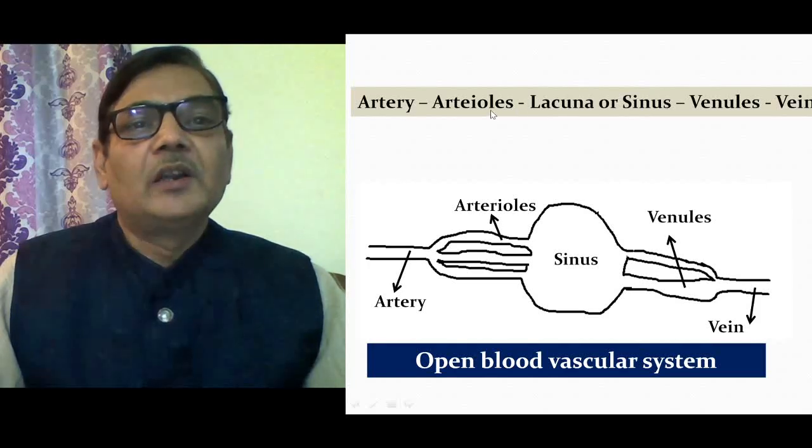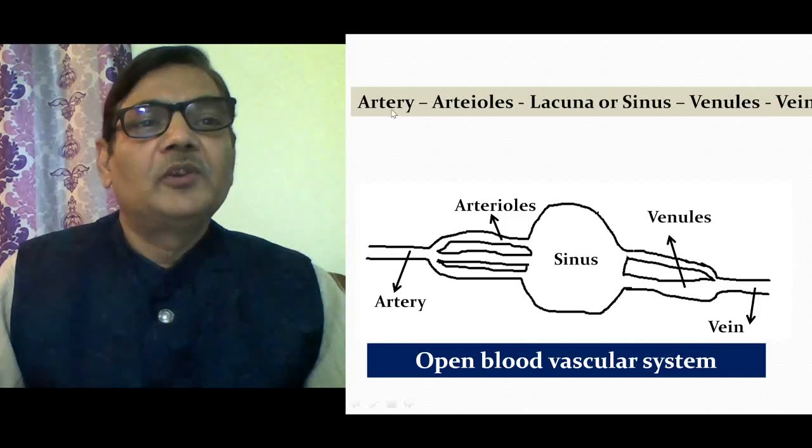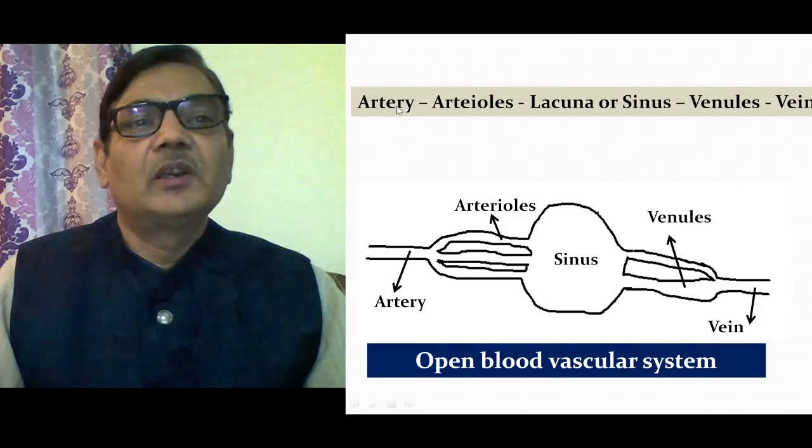So arteries pour their blood into sinuses, and from these sinuses or lacunae, the blood goes into venules, which are fine branches of veins, and the venules combine and form major veins.